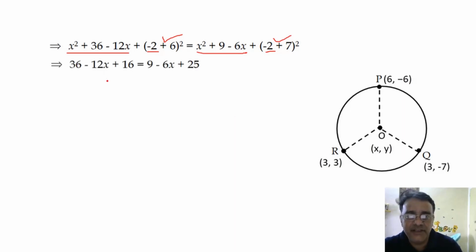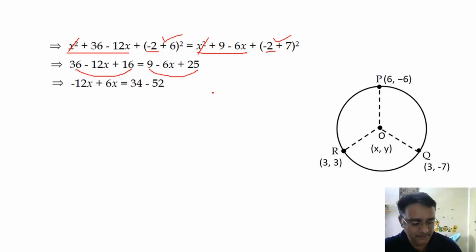Okay, now see carefully, this x square will be eliminated, not cancelled, eliminated, and we are getting 36 minus 12x plus 16, 9 minus 6x plus 25. Okay, 36 plus 16 will become 52, 9 plus 25 will become 34.